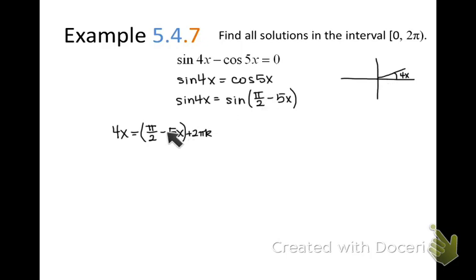Sine is which value? The y value. So you want it to have the same y value, which would be which quadrant? Over here, right? So how could you write this angle? Basically you take pi minus the angle, right?